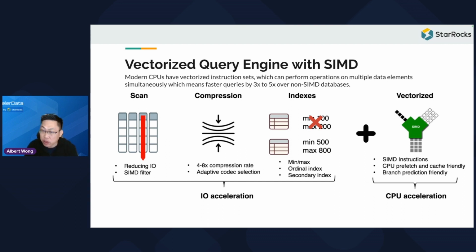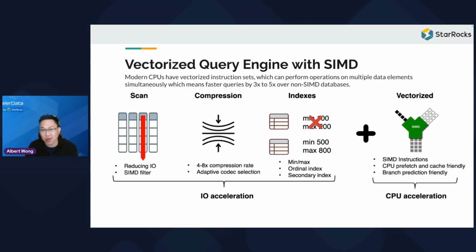And in the newer generation of OLAP systems, inside the OLAP world, I only know of 3 databases that use SIMD. Obviously, we're one of them. And this is why we dominate the performance charts.